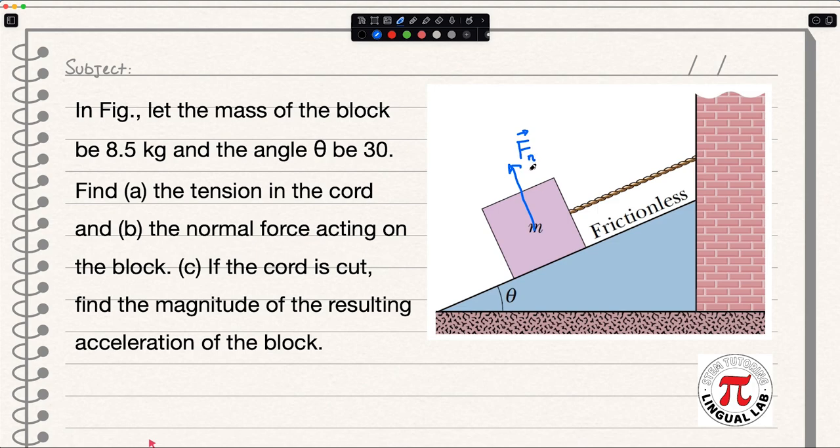And the second, the tension force. The cord pulls the block with a force directed away from the body and along the cord. So it's in this direction. This is the tension force.